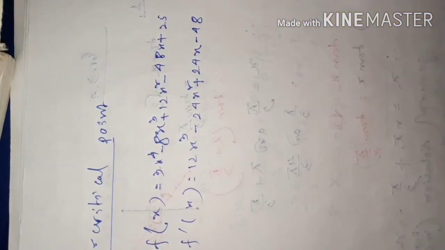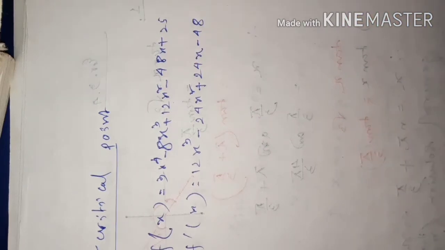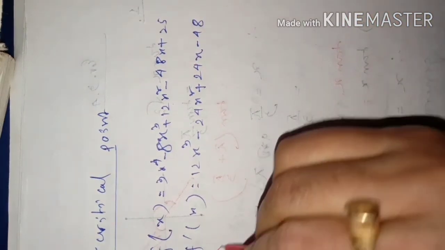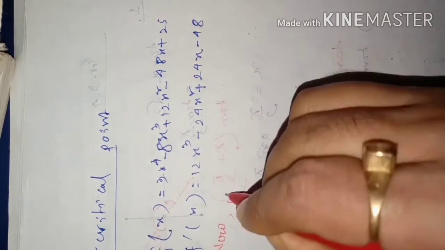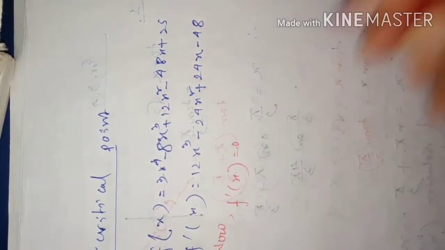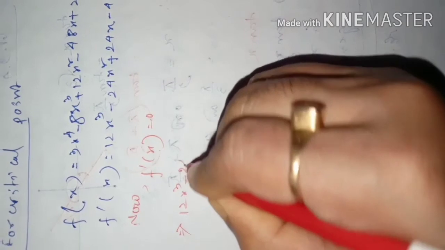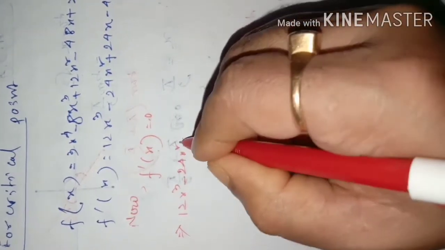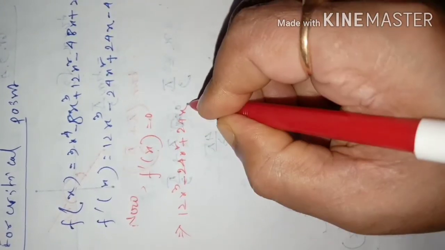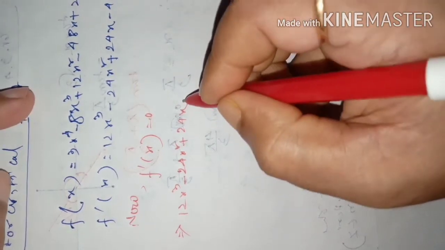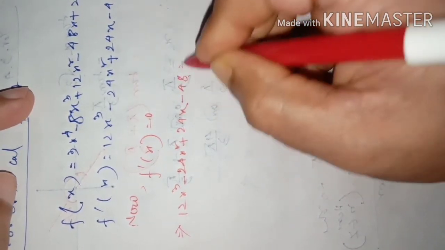Now we write f'(x) equal to 0, then we will know the critical points. So 12x^3 minus 24x^2 plus 24x minus 48 is equal to 0.